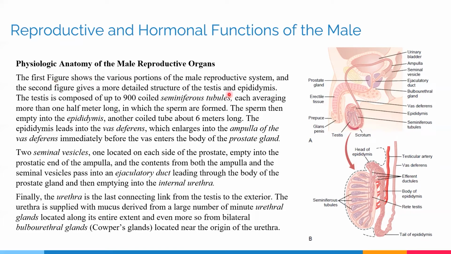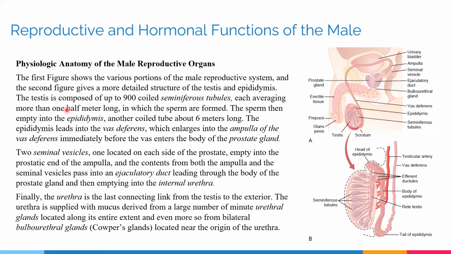The first figure, or figure A, shows the various portions of the male reproductive system. And the second figure gives a more detailed structure of the testis and the epididymis.